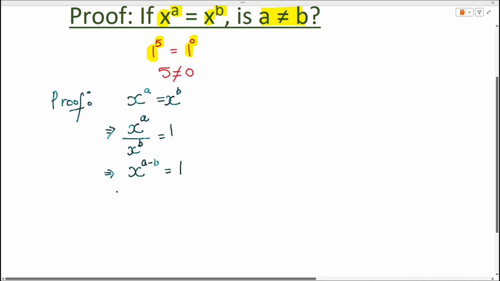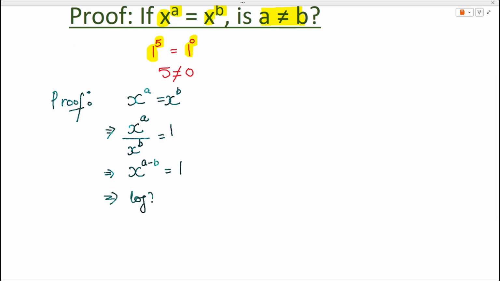If I take log on both sides, we get log x raised to the exponent a minus b is equal to log 1. Now, using the logarithmic rule, this comes in multiplication.